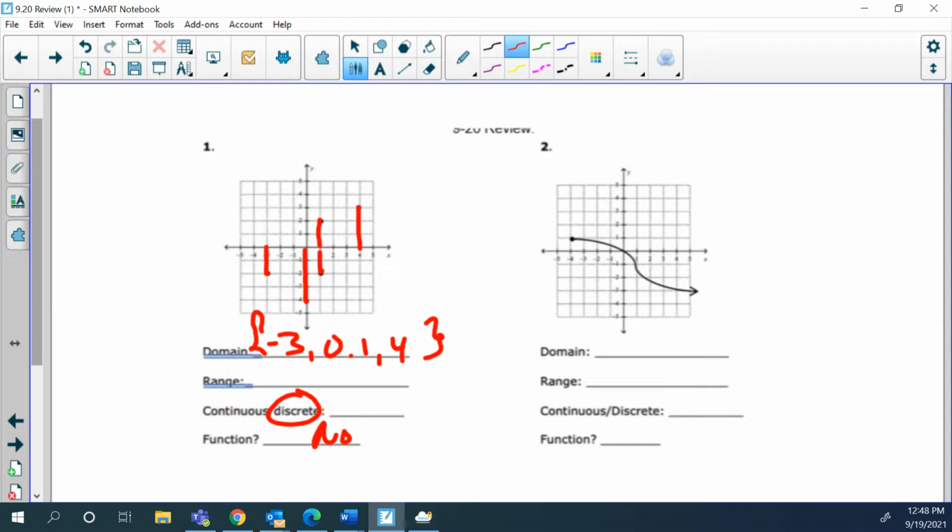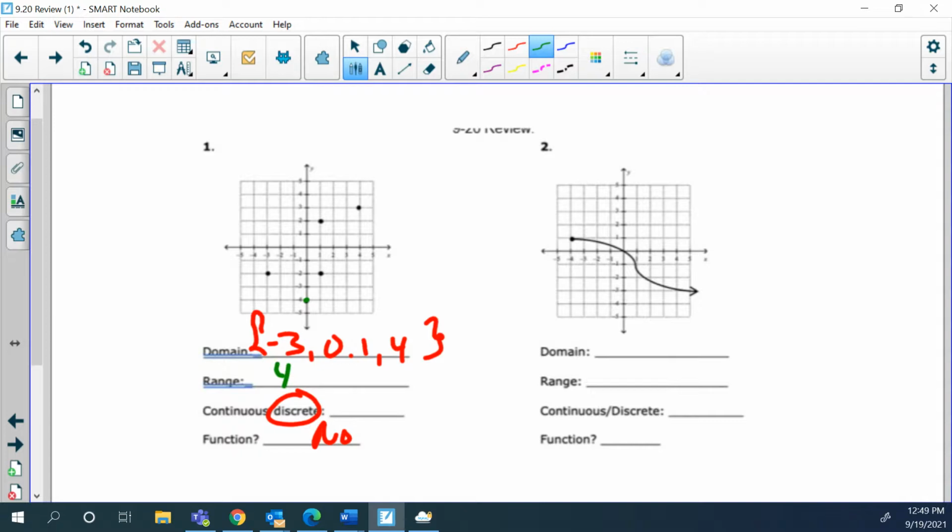All right. Okay, let's find the range now. The range, I'm going to go from the lowest point of the graph, and I'm going to go towards the y-axis. Okay. So let me erase this and see now. My lowest point is right here, but guess where it's at? It's already on the y-axis, so I'm not going to move it. So that's going to be 4 right there.